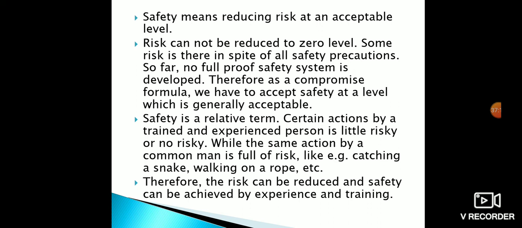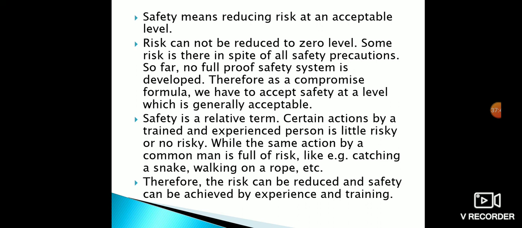Walking on a rope is also the same. An inexperienced, untrained person cannot walk on a rope without risk, right? So this way we can say safety is a relative term.